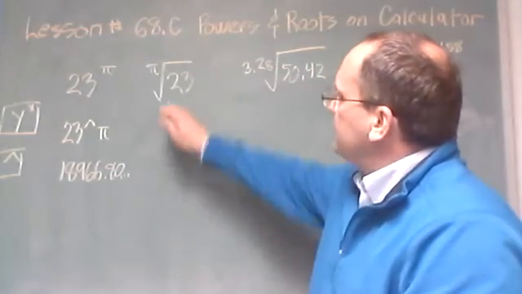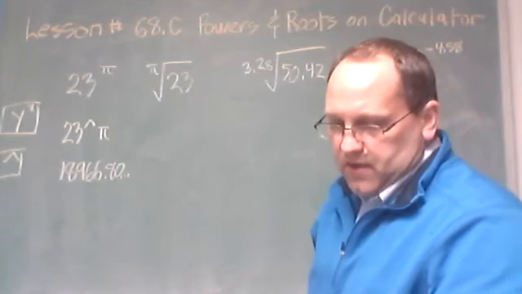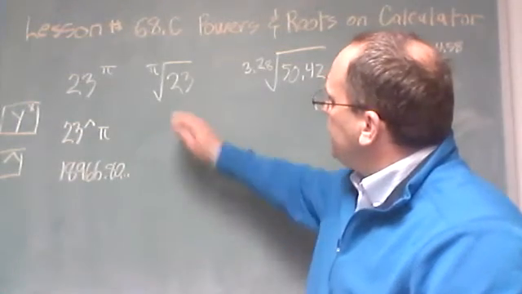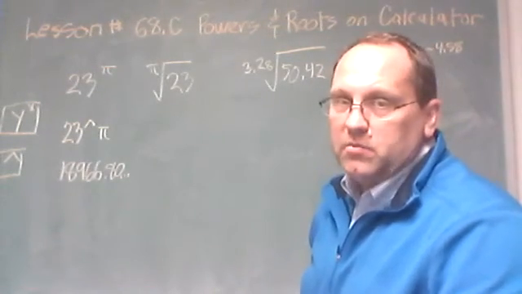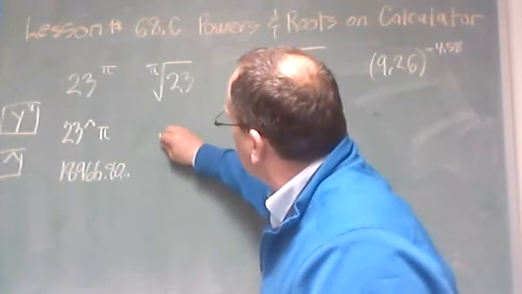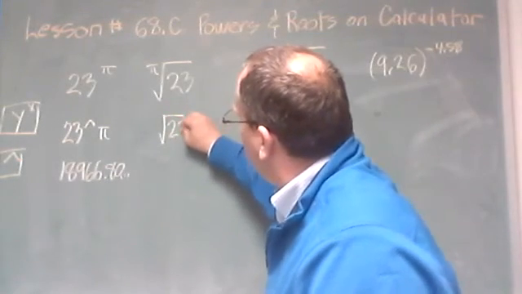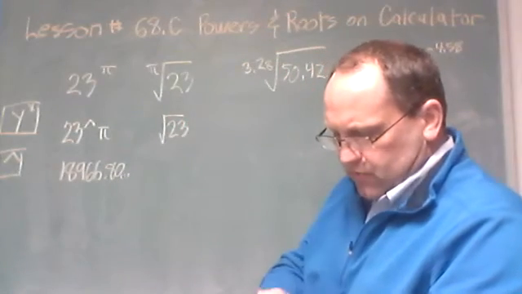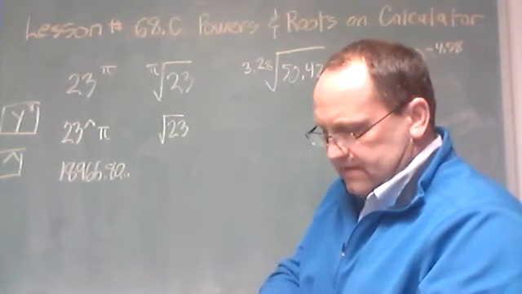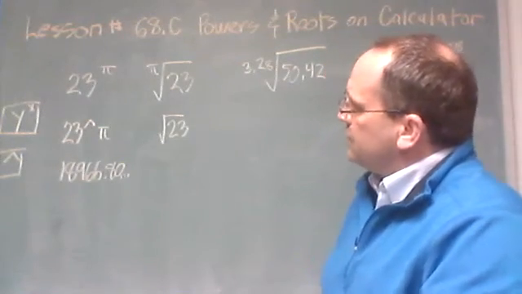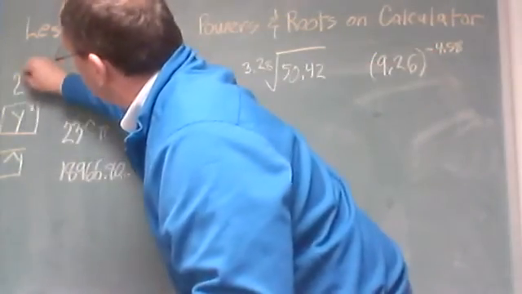Okay, now to do roots. If I'm going to do a square root problem, which is just the square root of 23, I have a square root button. It's in the secondary function though, so I have that second function button.